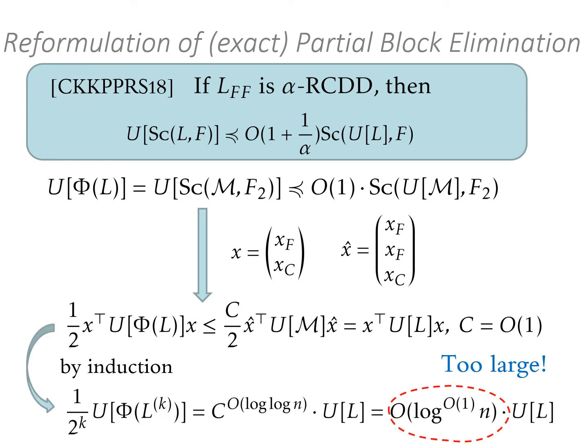However, if we use this relation directly, as we will choose K to be of order double log n, there will be too many log n factors.